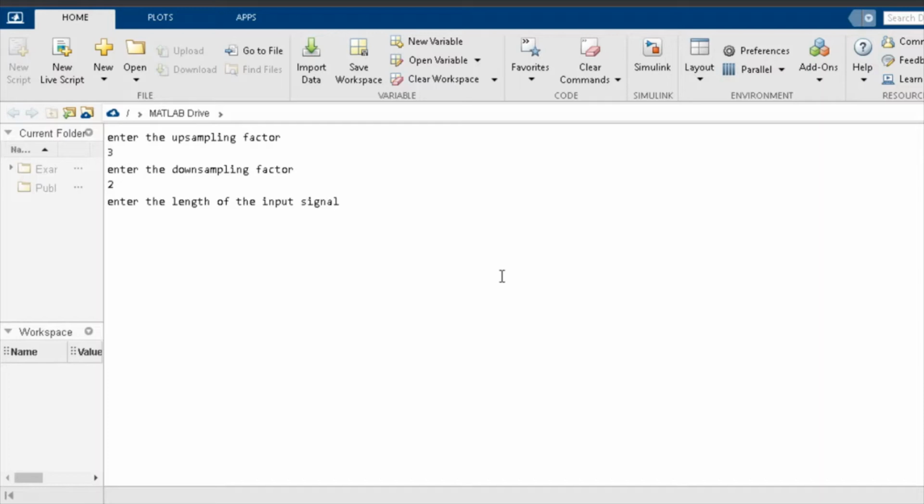We're going to have a 40 for the length of the input signal. Next, for the frequency of the first sinusoidal, we're going to have 0.01. And we're going to have 0.03 for the second sinusoidal.